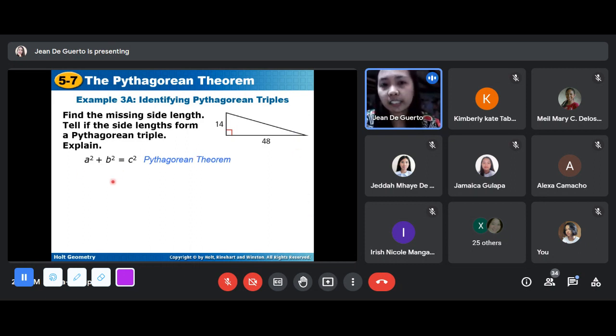Shorter or longer leg, they are just the same. Lalo na pag you have an isosceles right triangle. So therefore, we have 14 square plus 48 square is equal to C square. So therefore, what would be our C square?